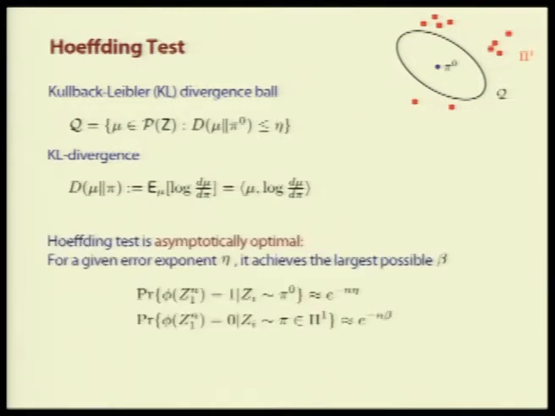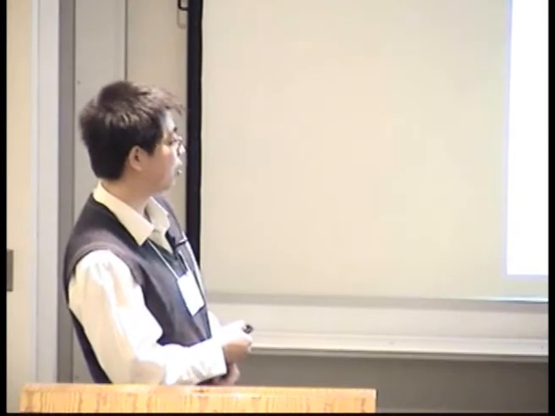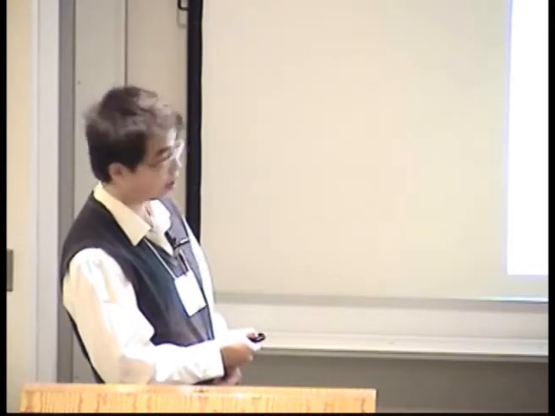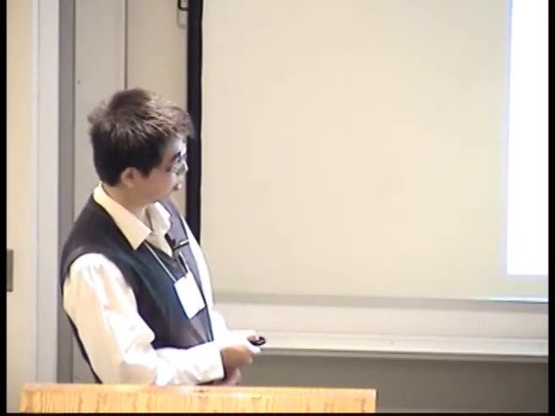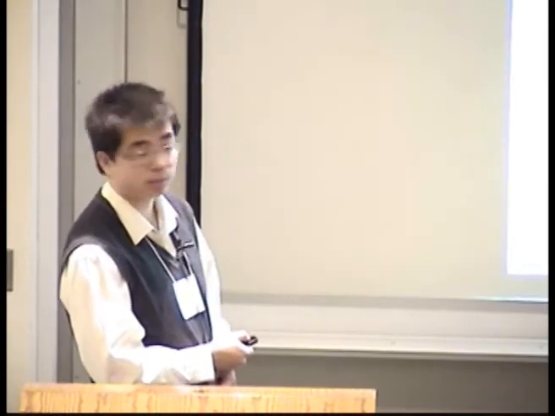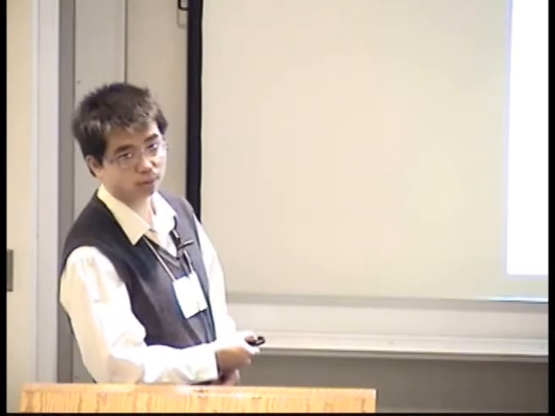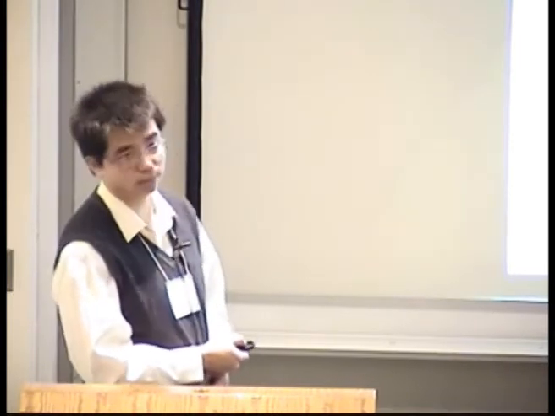What do we know about the Hoeffding test? We know it's asymptotically optimal. What I mean by that is the probability of error will decay exponentially with the number of samples, and you have two error exponents, eta and beta. For the Hoeffding test, for a given error exponent eta, you achieve the largest possible decay rate on the other probability of error.